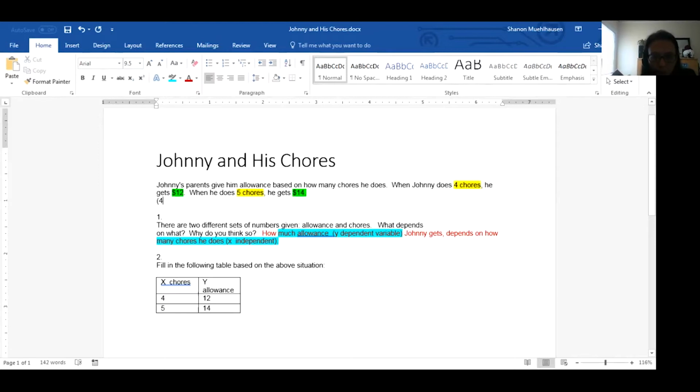That is 4 chores makes $12. And then again, this sentence, 5 chores makes $14. We can turn this entire sentence into a set of coordinates like this, or a little table like this, and not be dealing with the words again until we're ready to present an answer.